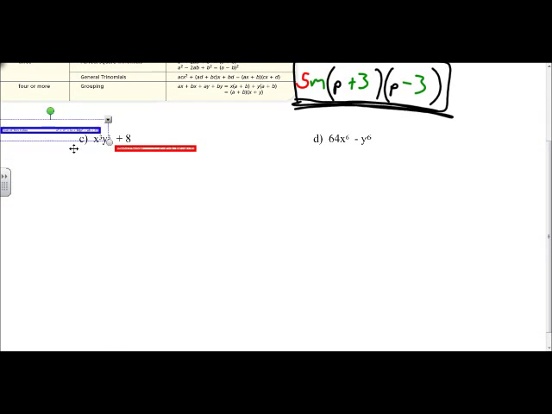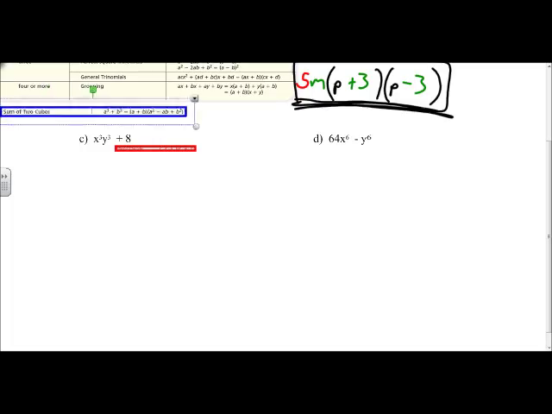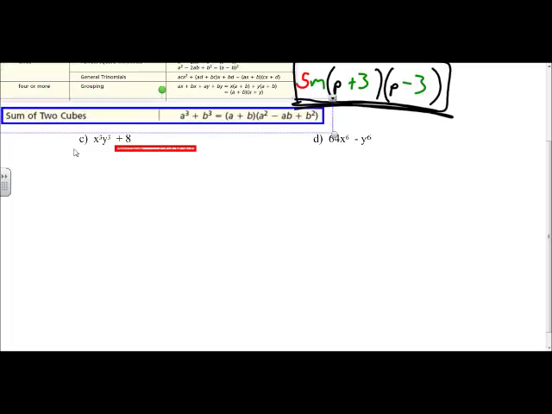If we look at our x cubed y cubed plus 8, that's of the form of a sum of two cubes. We have xy cubed and 2 cubed as our a and our b. So actually we can just write that out.